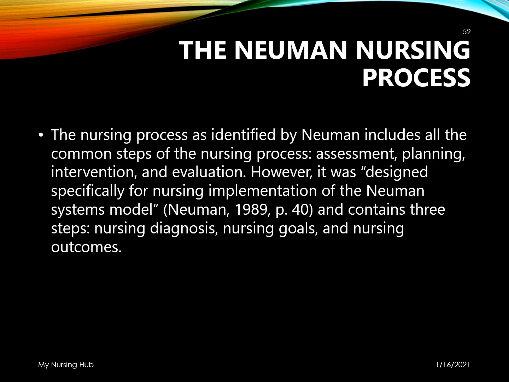The next part is the application of nursing theory into the nursing process. As usual, we know that the nursing process has 5 steps: assessment, planning, nursing diagnosis, intervention, and evaluation. In this model, we mainly have 3 steps, that is nursing diagnosis, nursing goals, and nursing outcomes.